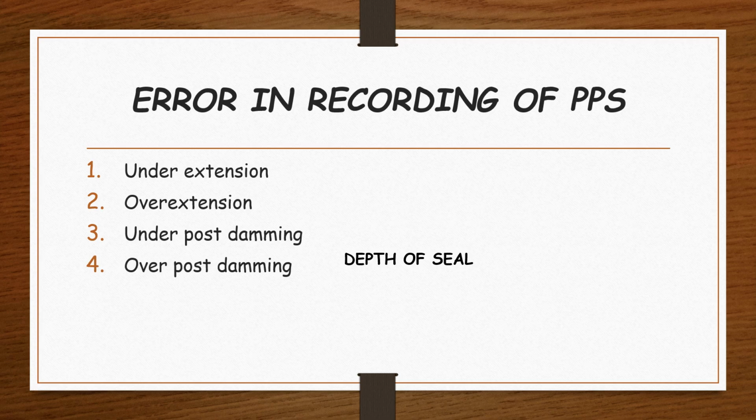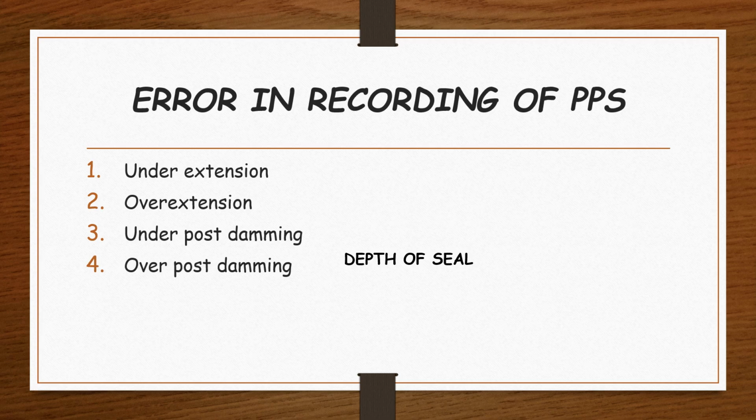So now we have understood what a PPS is, what its functions are, how the structure of the PPS is, what the anterior and posterior vibrating lines are, and how you mark them. Now let us understand what happens if you don't record the PPS properly. What are its consequences?